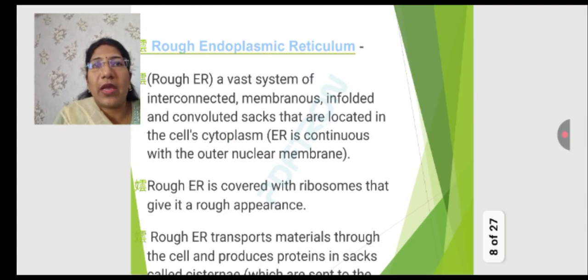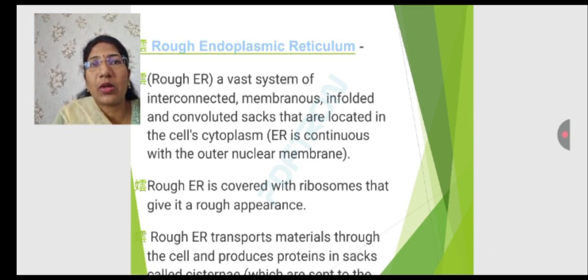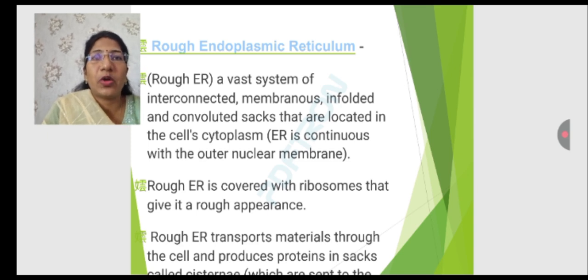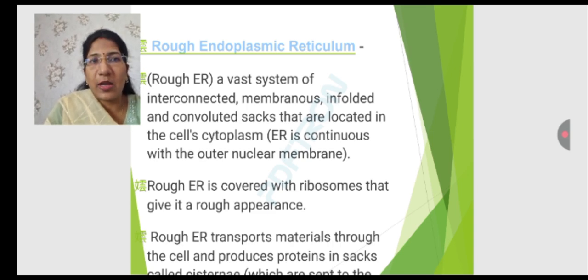Then we have seen in our diagrammatic representation the rough endoplasmic reticulum. The rough endoplasmic reticulum is a vast system of interconnected, membranous, infolded and convoluted sacs located in the cell cytoplasm, and it is continuous with the outer nuclear membrane.